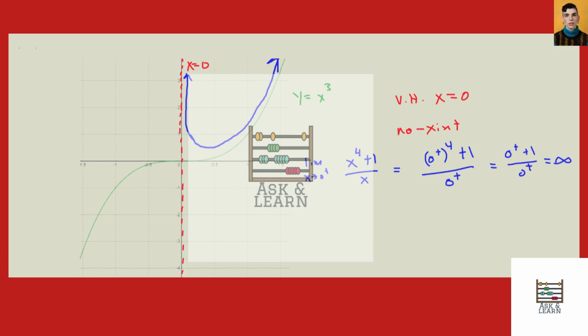And then we could do the same thing to find the limit as x approaches 0 from the left, or we can use the fact that this is like 1 over x, and we know that 1 over x has opposite behavior. So that means we're going to have to start from negative infinity over here, and then we're going to just keep on going up. There's no x-intercepts or anything, so then it's just going to have to turn around and then start following this green line like that. So this is a nice way for us to go about getting a sketch of the graph without doing everything that we've done in this chapter so far.